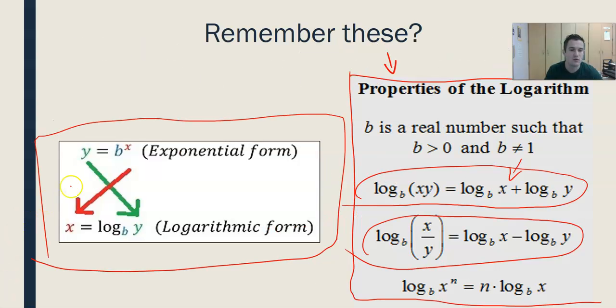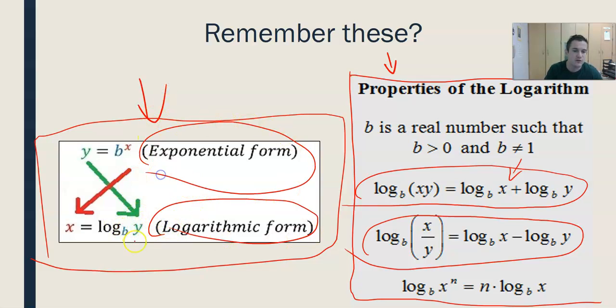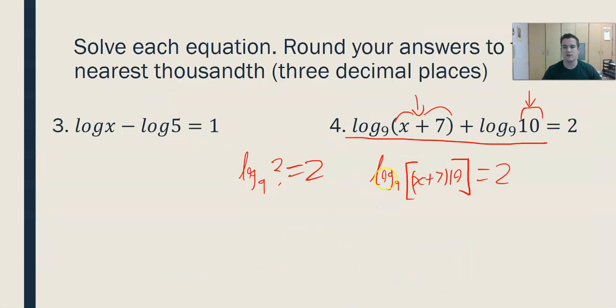Well, if you remember, I know how to change from logarithm form into exponential form so I can solve for this argument right here, this variable that the log is being taken of. So if I come back over here, log base 9 of x plus 7 times 10 being equal to 2, I can change that into exponential form. So x plus 7 times 10 is equal to 9 to the second power.